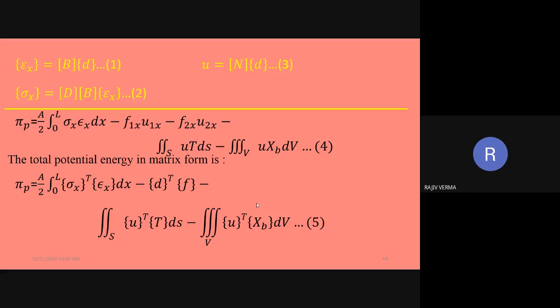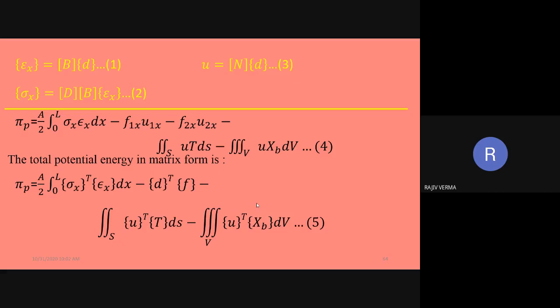The first term is the energy representing the strain energy, and since sigma x and epsilon x, that is the stress and the strain matrix, both happen to be column vectors, the transpose of the first one is supposed to be taken.